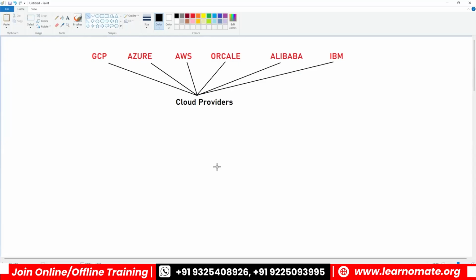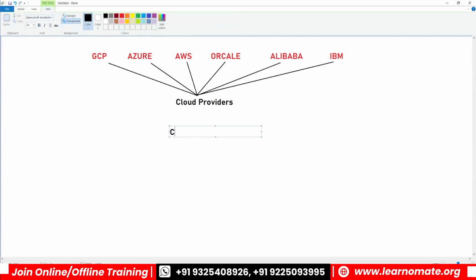What do these cloud providers provide us? Can anyone tell me? We can store the data. In simple words, cloud providers provide you cloud computing services.